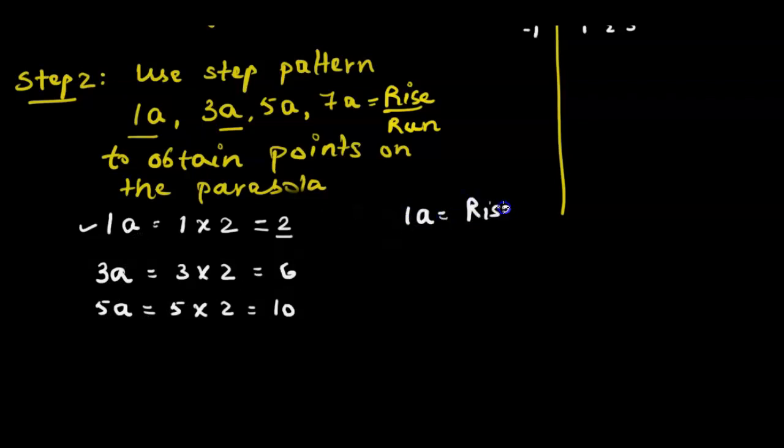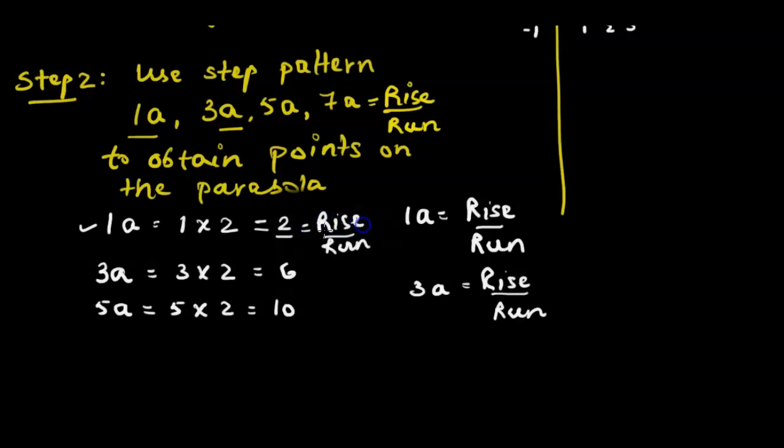So 1a is going to give us rise over run. Similarly, 3a is also going to give us rise over run, and 5a is also going to give us rise over run. So 1a value we have is 2, which means rise is 2, run is 1. Here rise is 6, run is 1 again. Here rise is 10, run is 1.